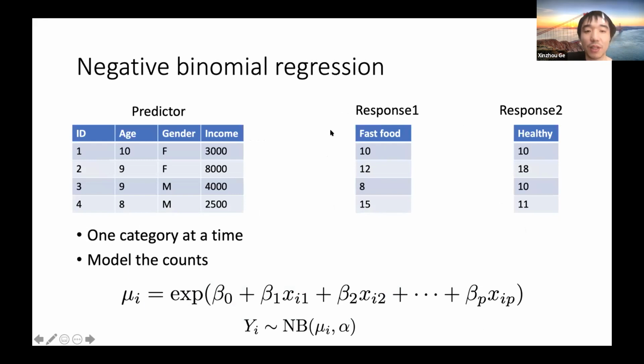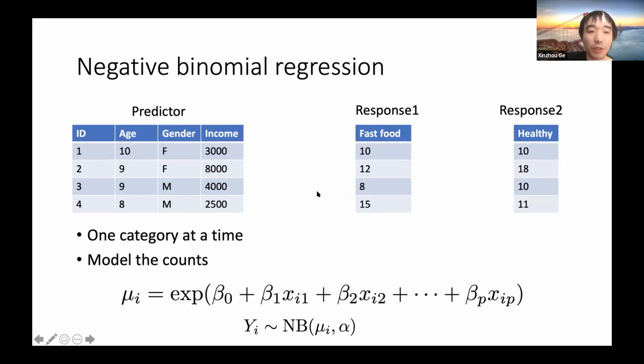So for example, the fast food category at first. We will study the relationship between these covariates and this 1 response. This regression models count data, so the response can only be count data.